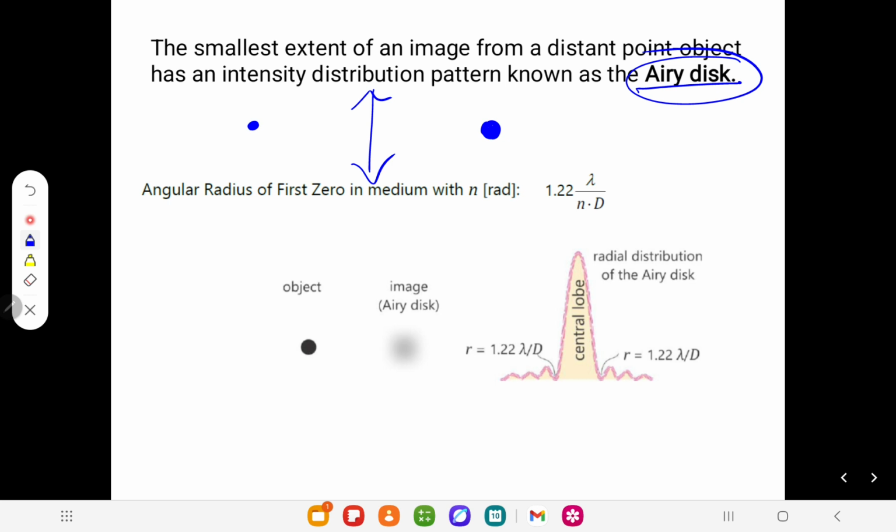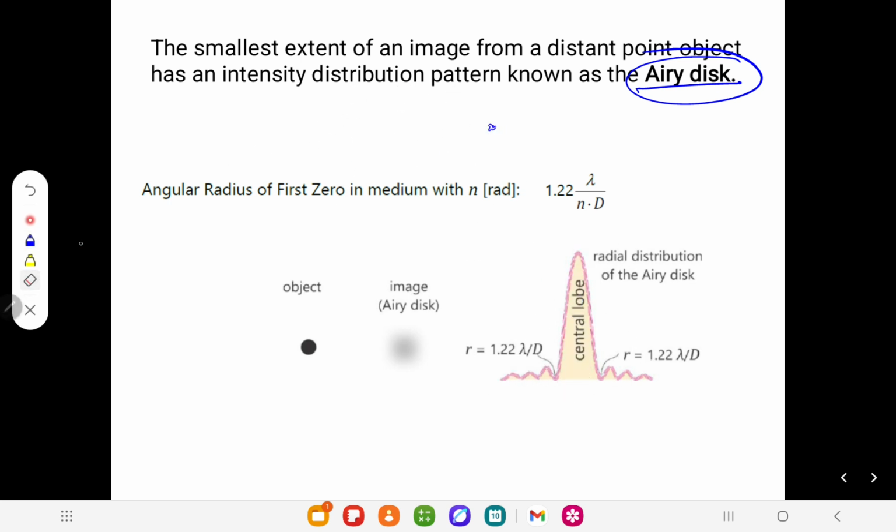And what do we mean by Airy disk? It means a central bright, then dark, then slightly bright, then dark. Can you see? This is the central bright, and then the trough is dark, and another bright, another dark, another bright, another dark. That pattern forms, and it is known as the Airy disk.